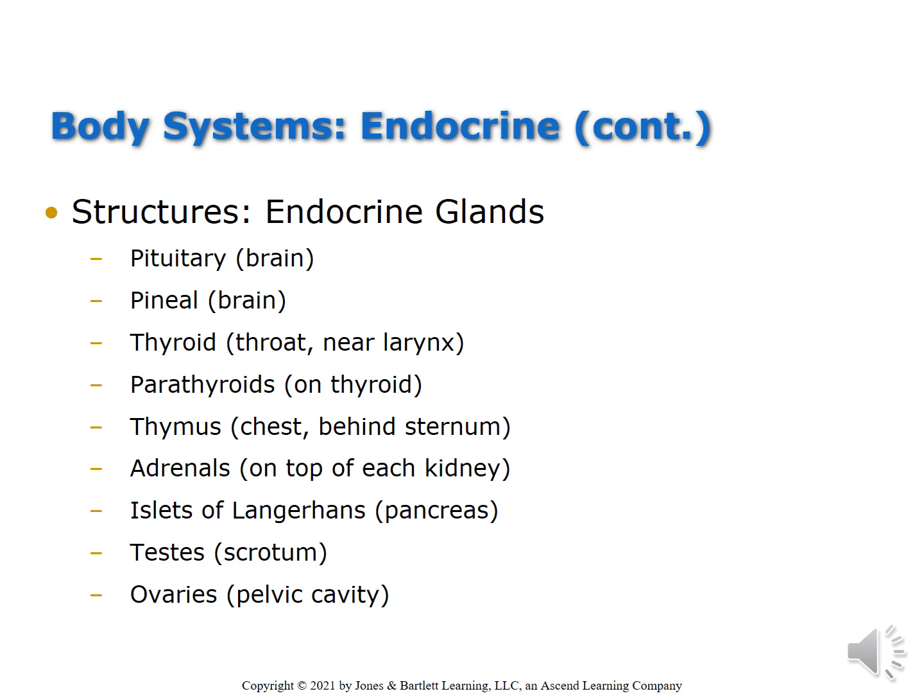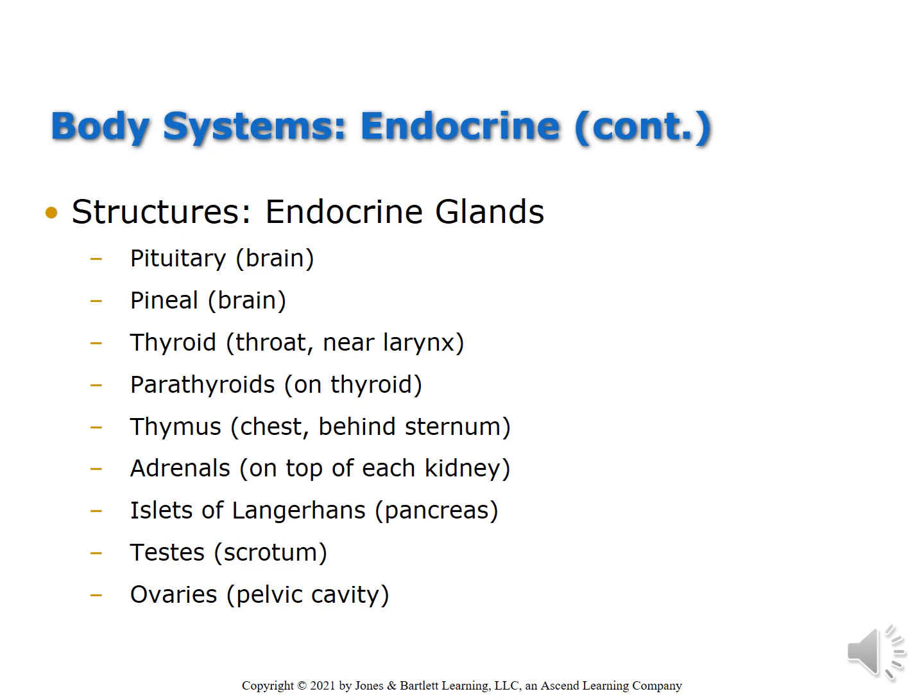The thymus in the chest, right behind the sternum, is mostly active during early childhood, where it helps prime the immune system and program certain white blood cells. The adrenal glands, located on the top of the kidney, which produce hormones such as cortisol and epinephrine, which is the technical term for adrenaline.